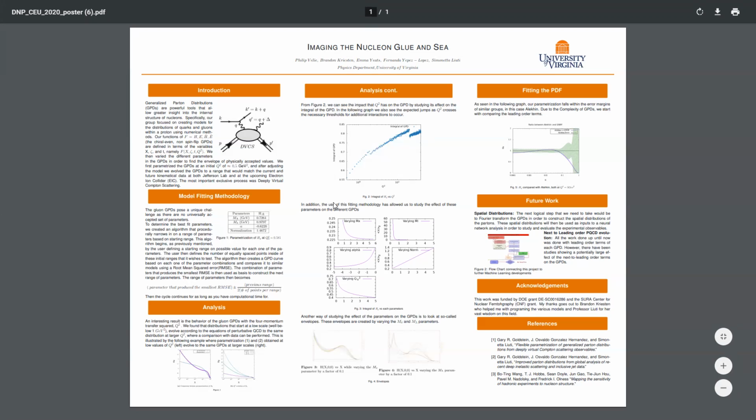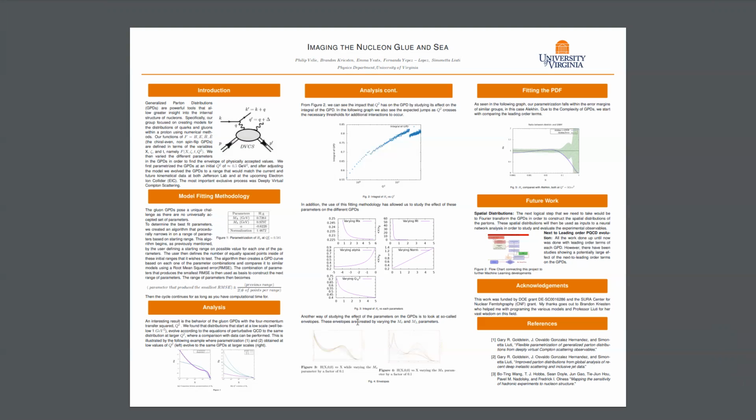And in addition, we can use this fitting methodology to study the effects of these different parameters on the different GPDs. I, in particular, studied H_g, but I know this process can be applied fairly linearly to the other GPDs. Now, in this graph, you can see a very visual way of showing the effects of each parameter on the GPDs. And in addition, another way of studying this effect is by looking at these so-called envelopes.